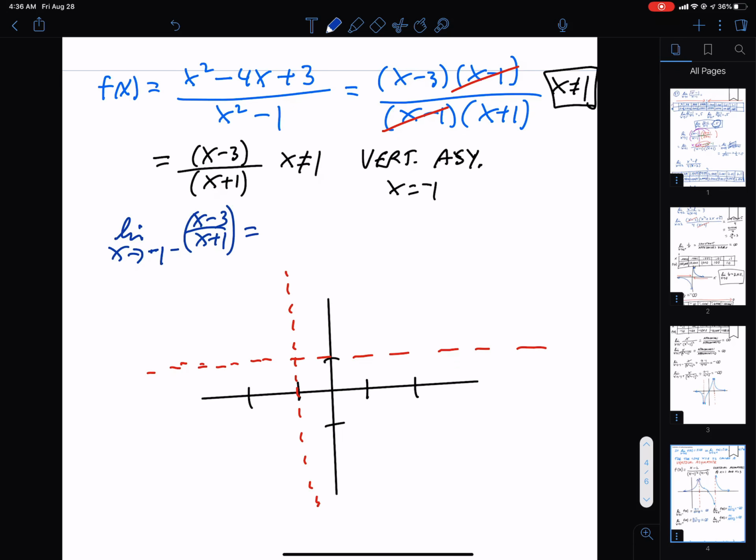Let's evaluate this. So if I put -1 on top, -1 minus 3, that's going to approach -4. And the bottom, I'm approaching -1 from the left. Okay, be careful. To the left of -1 would actually be -1.1, because -0.5, -0.6, -0.7, -0.8, -0.9 is to the right of -1.